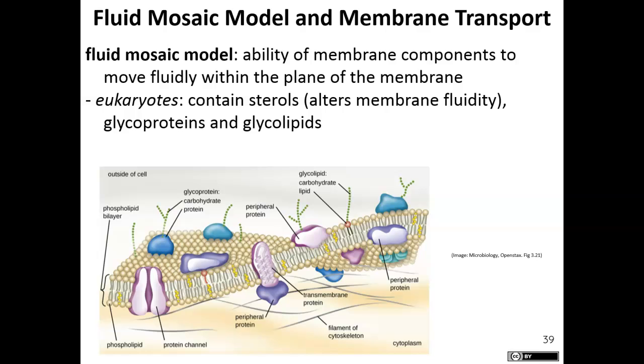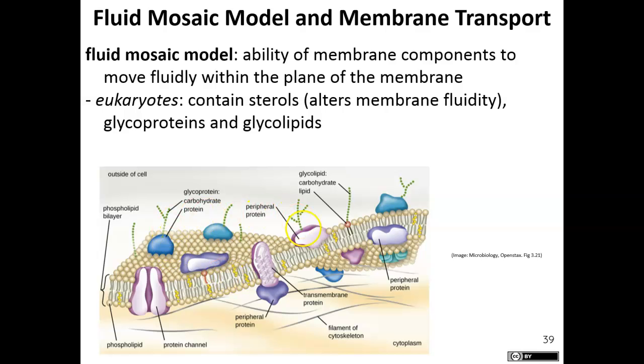To maintain the plasma membrane rigidity, eukaryotic cells have structures called sterols, and you can see those sterols here, those little yellow structures. Sterols keep the plasma membrane intact even though it is very fluid. The structure is not going to pull apart very effectively.